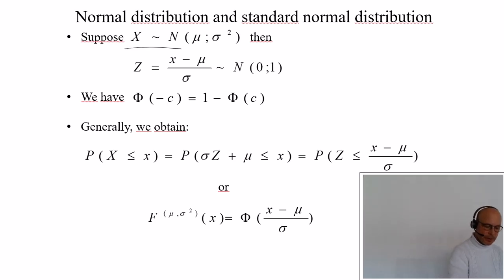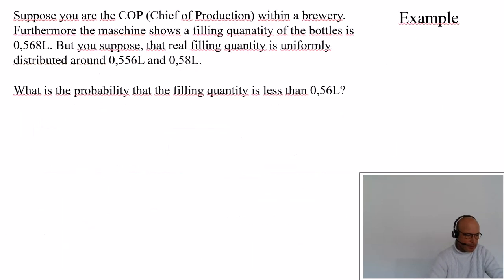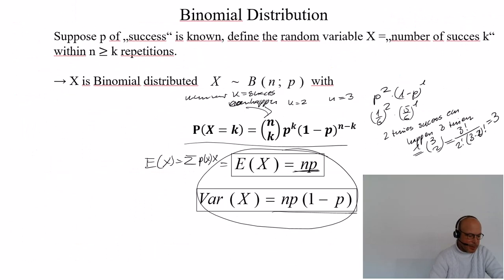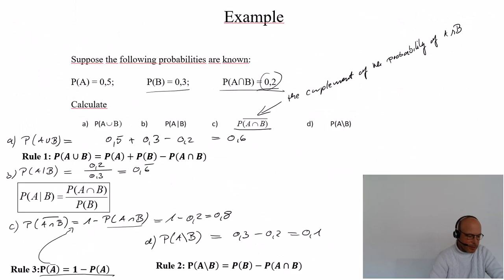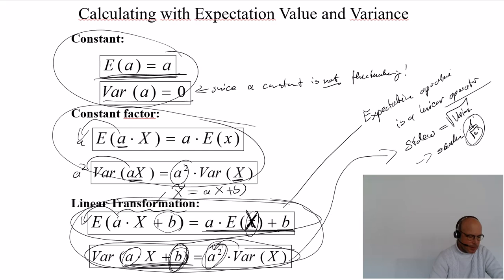So suppose we have some normal distribution, any number for variance and expected value. Then we redefine a new random variable. Remember what we have done here. This is just an application of this linear transformation.